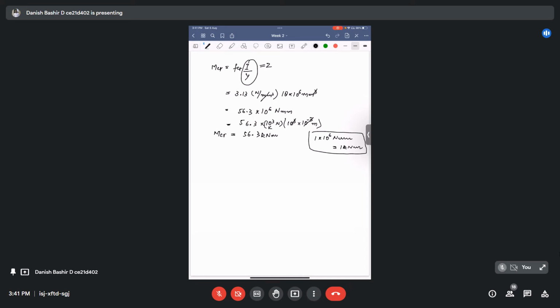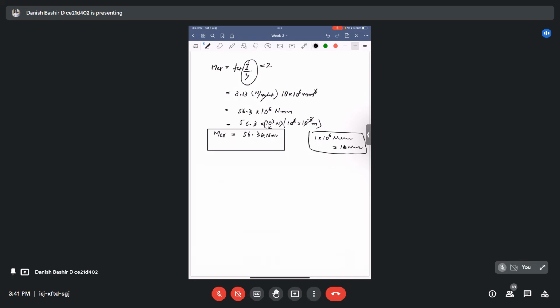Now we will see the transformed section properties. For the time being we calculated the approximate, but now we will transform this section to the homogeneous section and calculate the actual cracking moment. What will be the exact cracking moment?